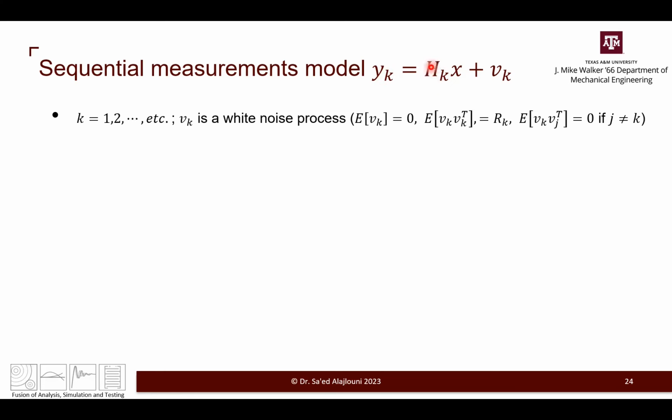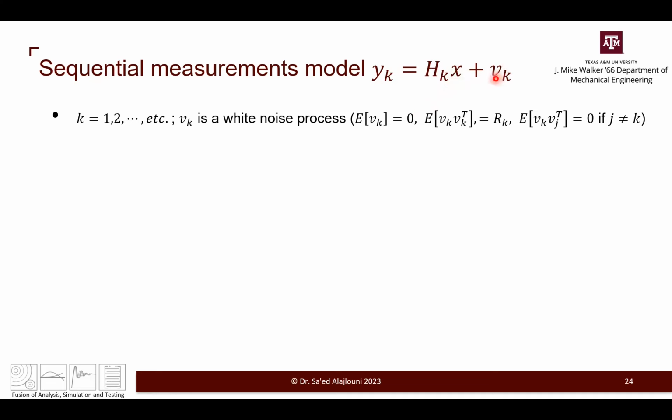Here we're allowing h to vary with time. So instead of saying that this model is time invariant, it could be time varying. Here I'm simplifying the problem, but later we're going to allow it to change.